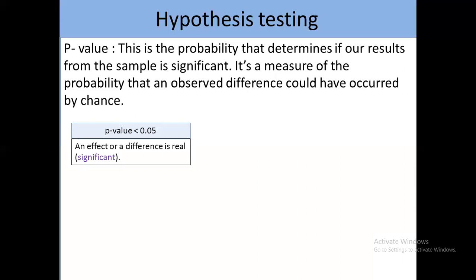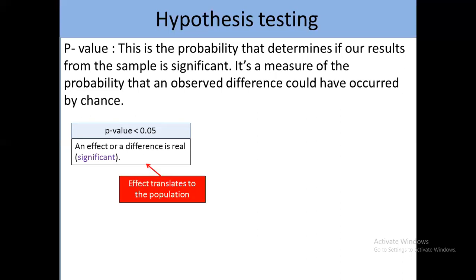For instance, assuming we found a low p-value when we analyzed nicotine dependence, that shows that we should follow our alternative hypothesis, which means depression actually affects smoking or nicotine dependence. So just know that if you have a p-value of less than 0.05, your findings are significant.